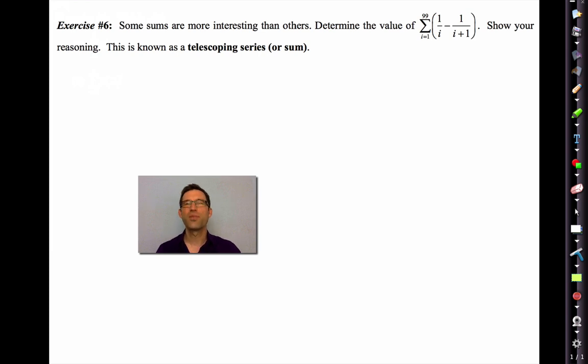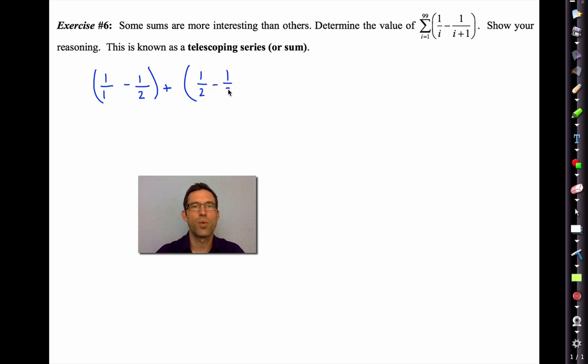All right, let's go through it. Now, when you have no idea what to do, what I always say is do anything you can do. So let's start with I equals 1. We get 1 over 1 minus 1 over 2. That would be the first term. Plus, if I put 2 in there, I'll get 1 over 2 minus 1 over 3.